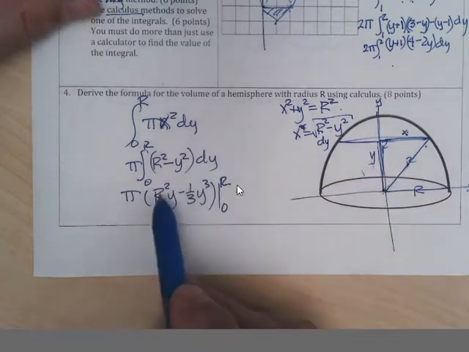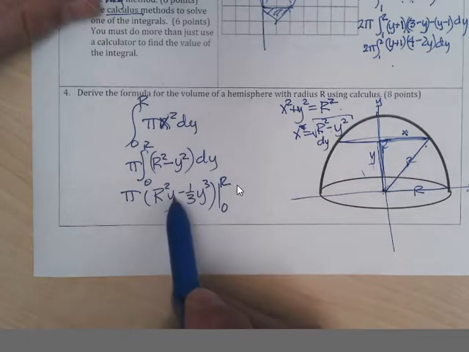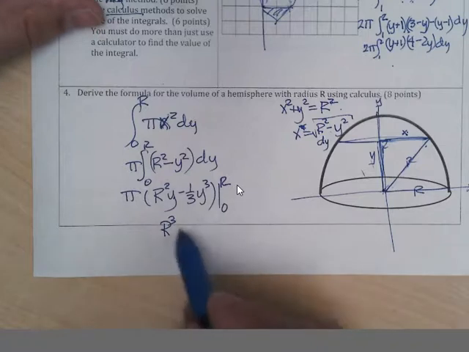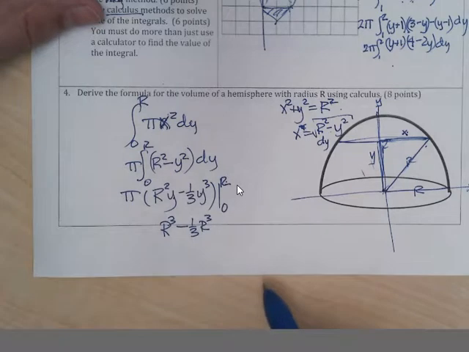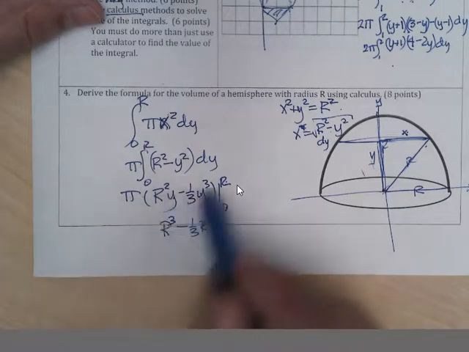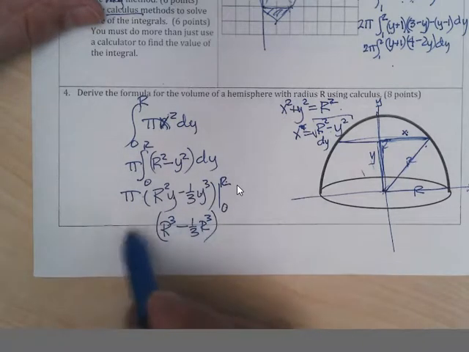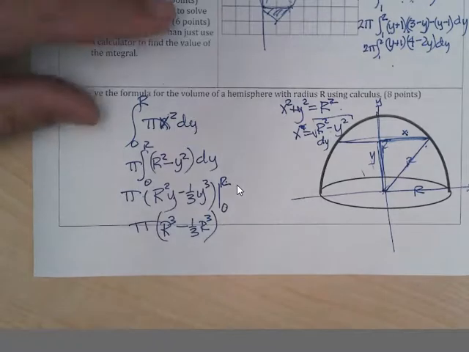So I put r in here, so r squared times r is r cubed, minus, put r in here, and I get 1/3 r cubed. Put in 0, I get nothing, and so all of this is times pi.